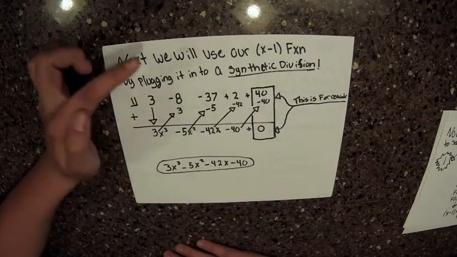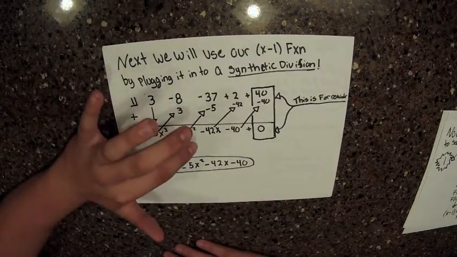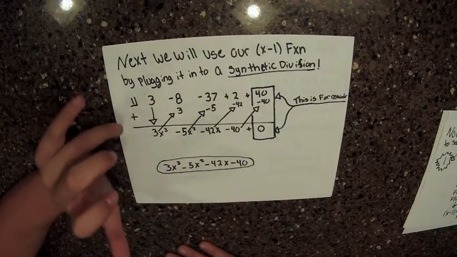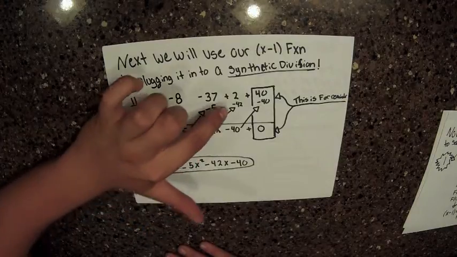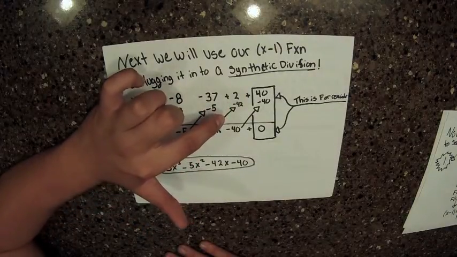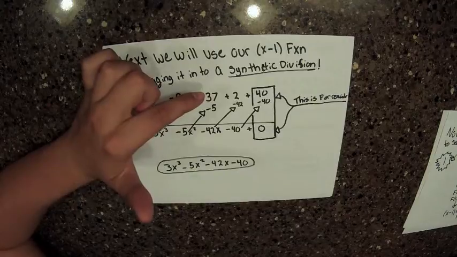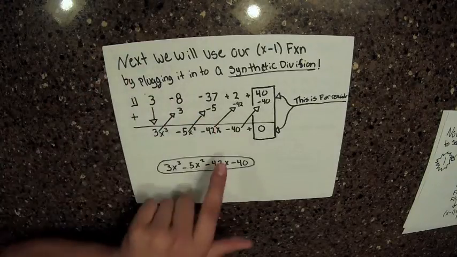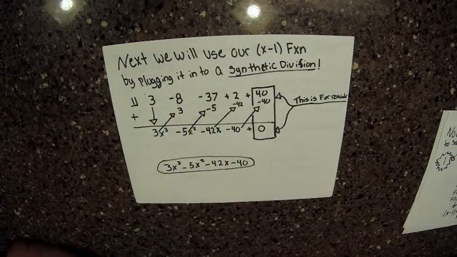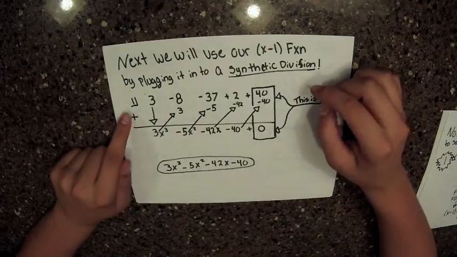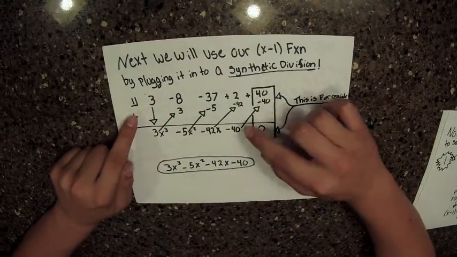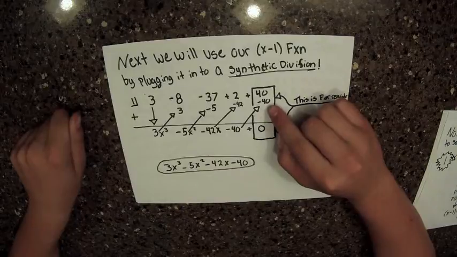Now negative 37 plus negative 5 is negative 42. 1 times negative 42 is negative 42. So now you add positive 2 and negative 42, which gives you negative 40. Now you multiply the 1 times the negative 40, so that equals negative 40.